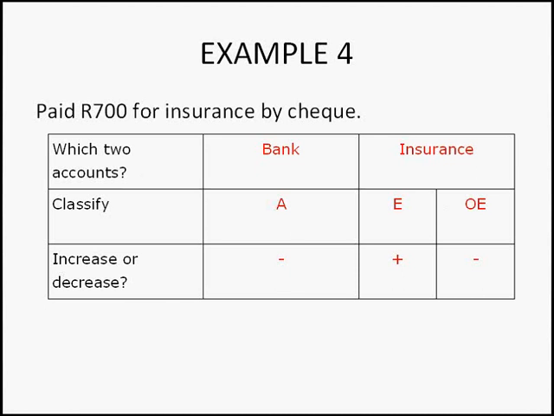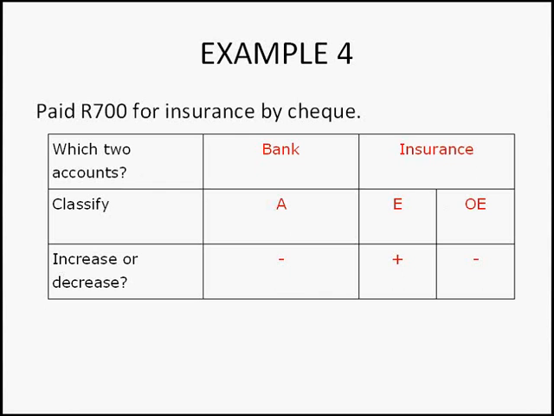For example, let's assume that the insurance company overcharged us and they did a wrong deduction from our bank account and we should have only paid 600 instead of 700. Then at some stage they can pay us back the money, which means that my expenses will decrease. It simply means that in the books of the business, if you look at the insurance expense account, the amount that's in there at any stage increases or decreases depending on what you do to it.